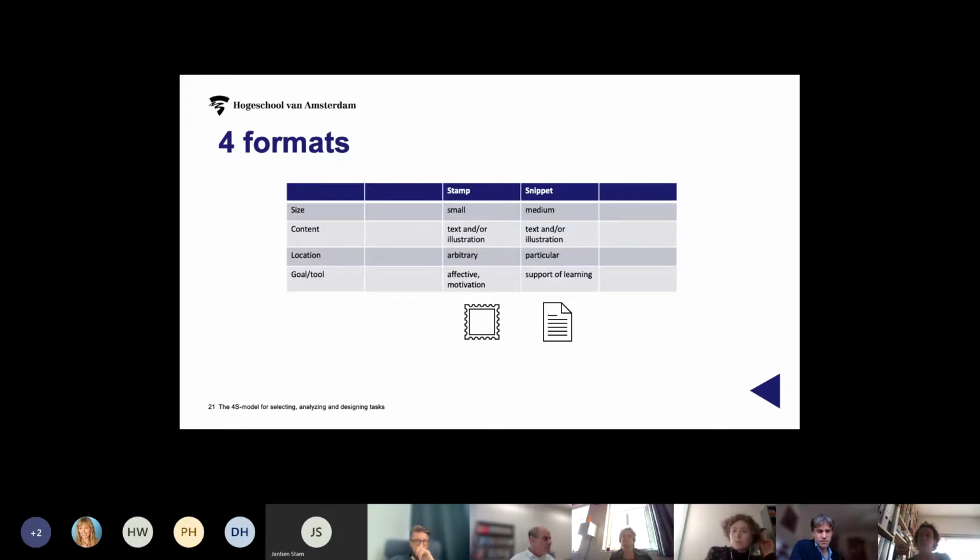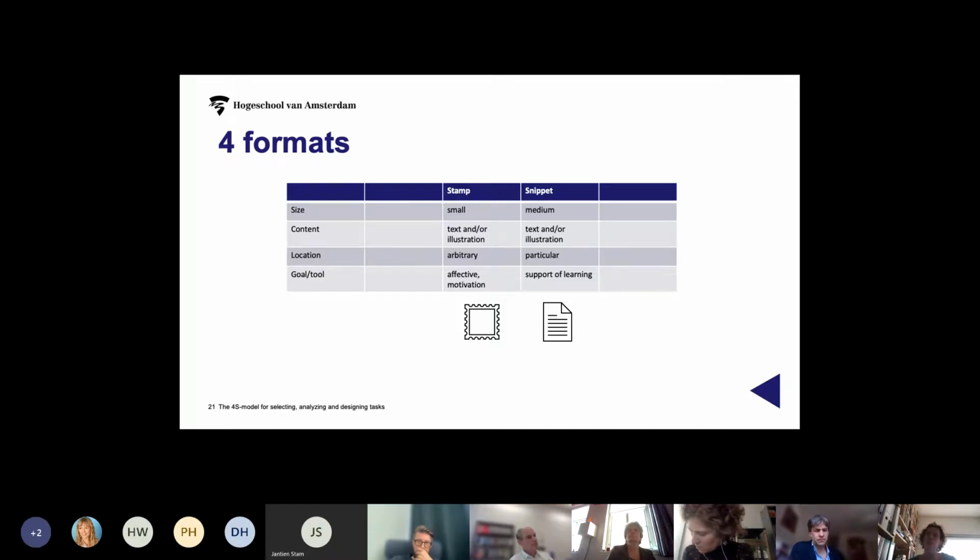The second one, I named a stamp, and I used that word deliberately to make clear that it's actually a small box which is a bit separate from the text, and which could also be in another location. So size is small, it can contain text or illustrations, a rather arbitrary location, and here the goal is mainly affective, or mainly for the motivation part.